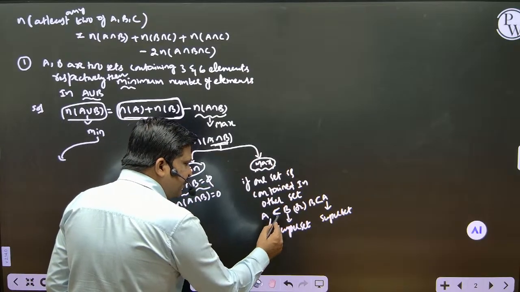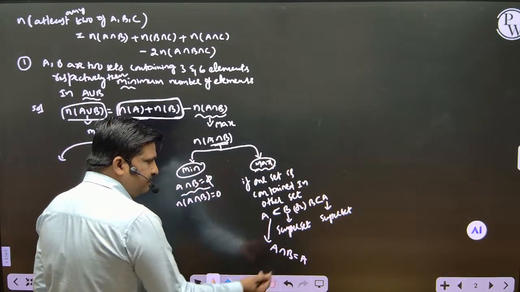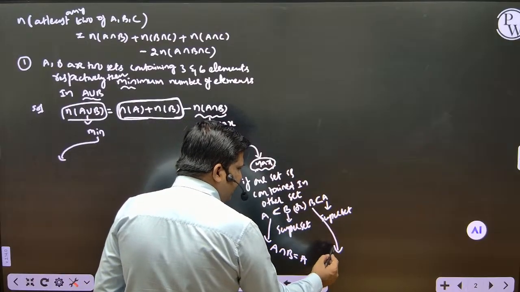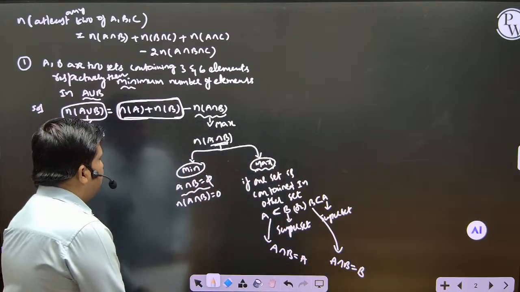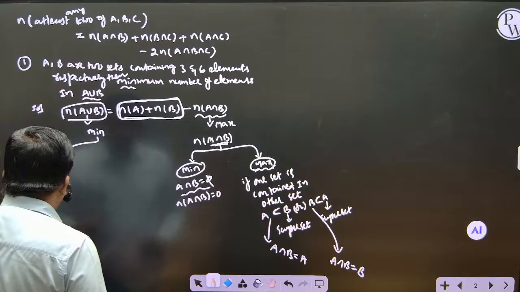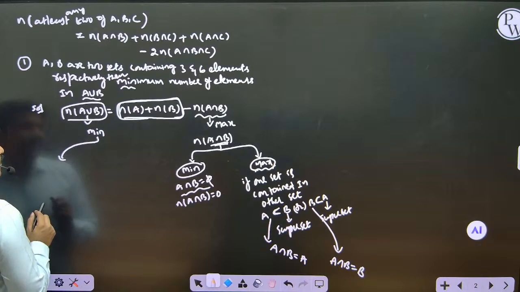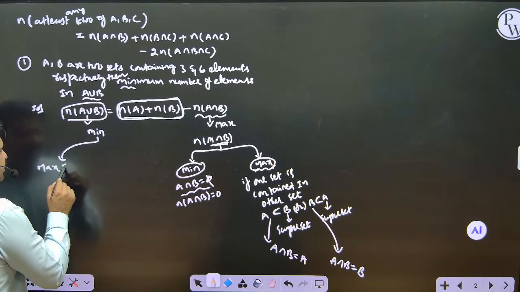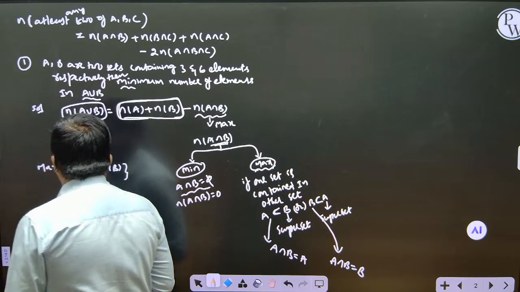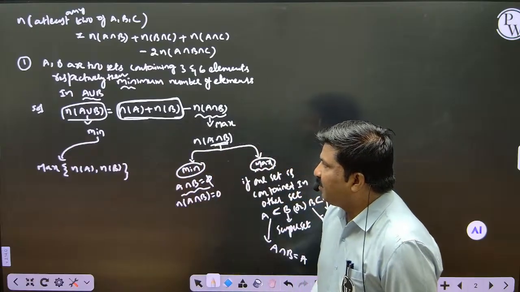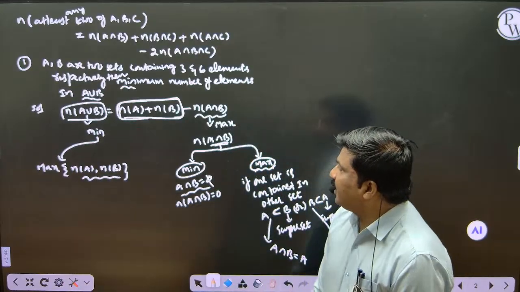For example, if A is contained in B, then A intersection B is A. If B is contained in A, then A intersection B is B. So the minimum of n of A union B you remember as the maximum of n of A, n of B.